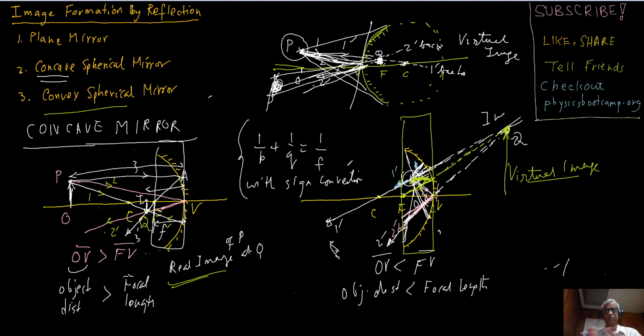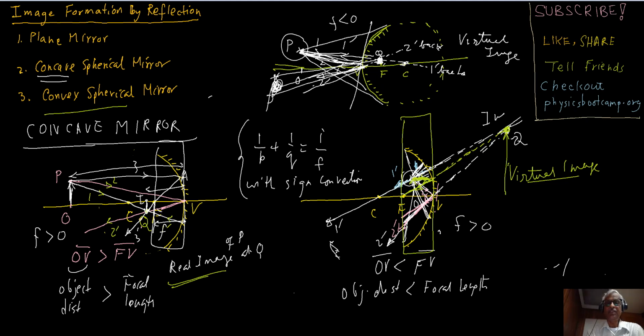You have to apply sign convention to put them all in one formula, because sometimes this is positive and this is negative, and so on. So F will be greater than 0 here, F is greater than 0 here, and F will be less than 0 here, as a sign convention, for instance.